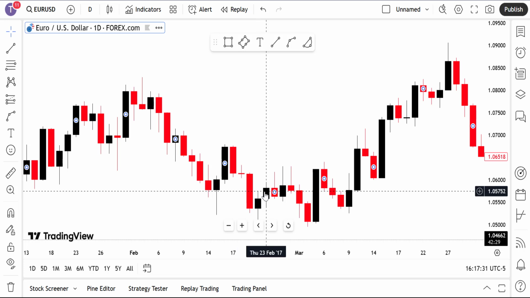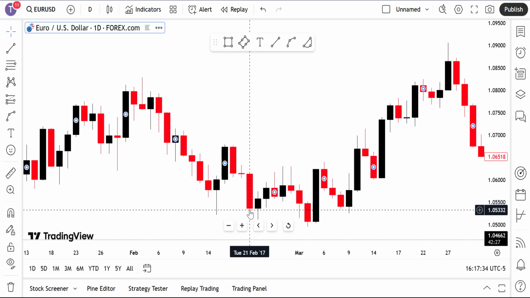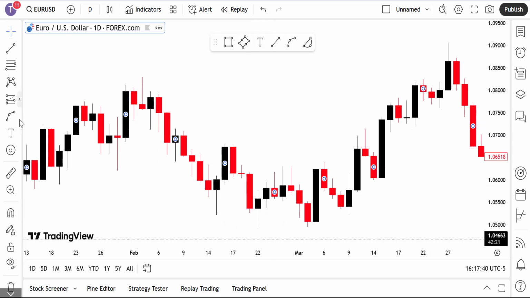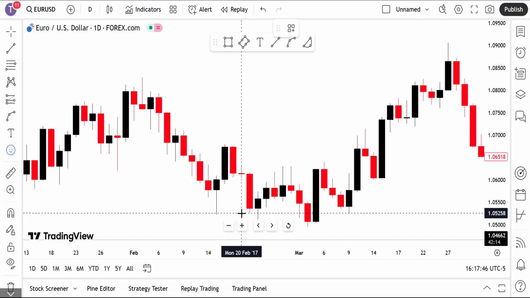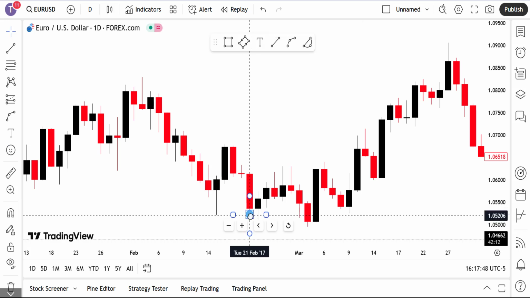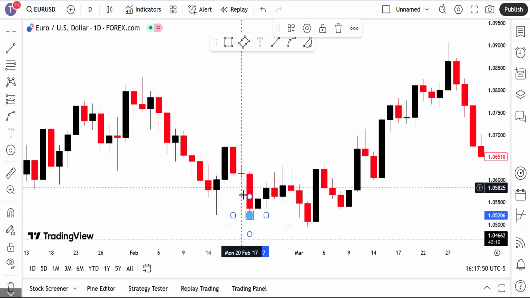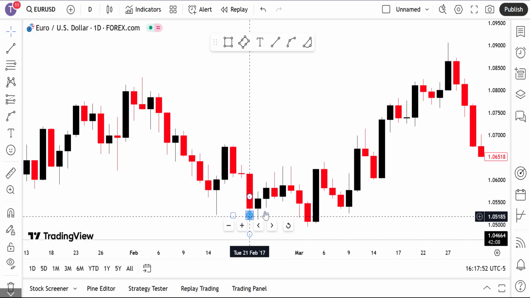This signifies that we have what is called a higher low on both sides. This is called our higher low on both sides. This is a higher low on both sides. This is another higher low on both sides.